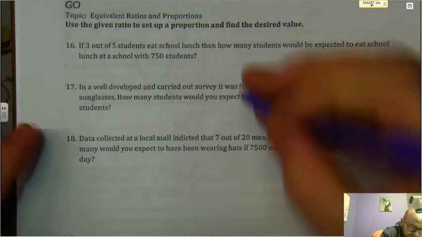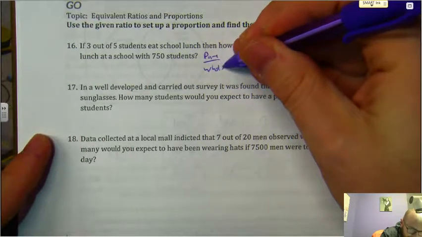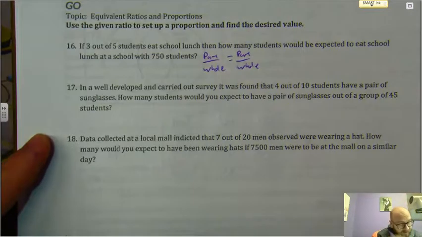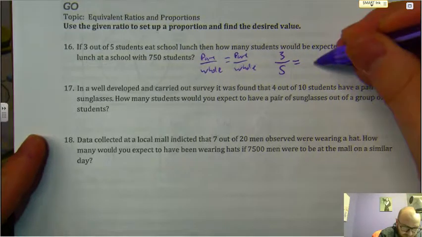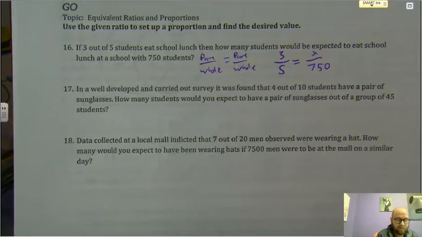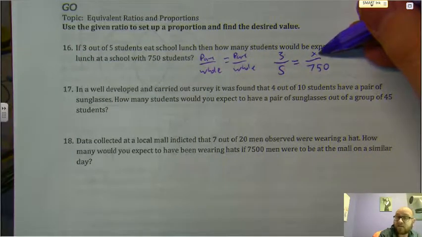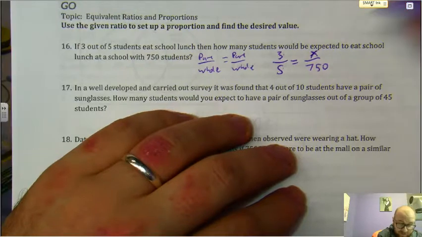Okay, so ratios are always part to whole equals part to whole. So in this case, 3 out of 5 is equal to some number out of 750, right? Part to whole, 3 out of 5, and we're trying to figure out what that would be with 750. Now, to be able to do this, we just solve for x.